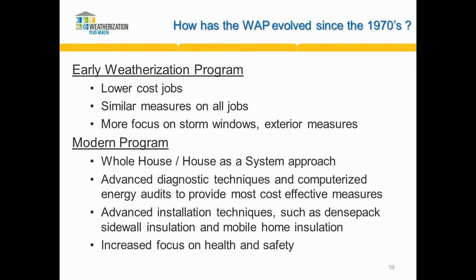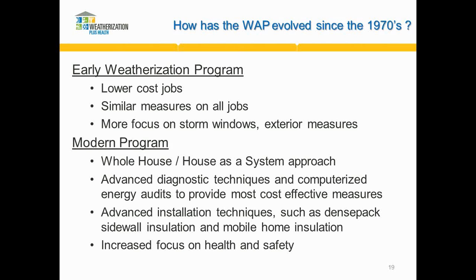Right now, there is a whole house as a system approach, and Kelly's going to talk a lot more about this in a few minutes. There are advanced diagnostic techniques and computerized energy audits that identify the most cost-effective measures. There are more advanced installation techniques, such as dense pack insulation in sidewalls, which both provides additional R value and stops any air movement in the walls, and mobile home insulation techniques.